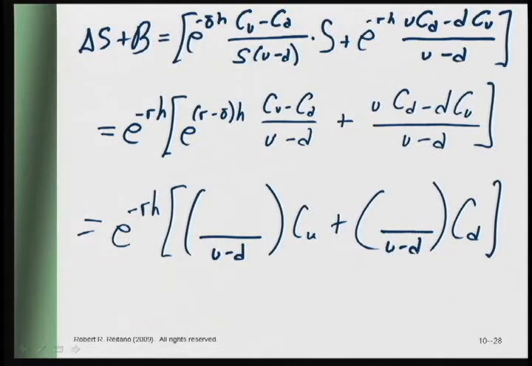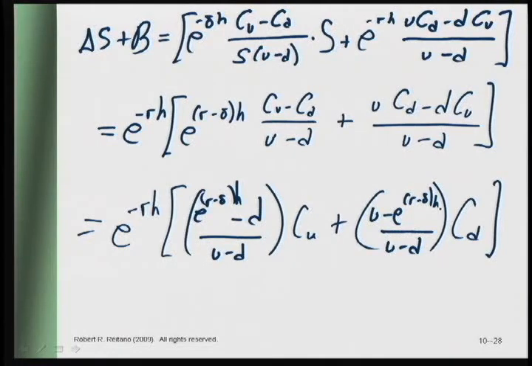And you can see that the coefficient of CU is e to the R minus delta H, and then I pick up a minus D from the second term. And the coefficient of CD is U minus this exponential.